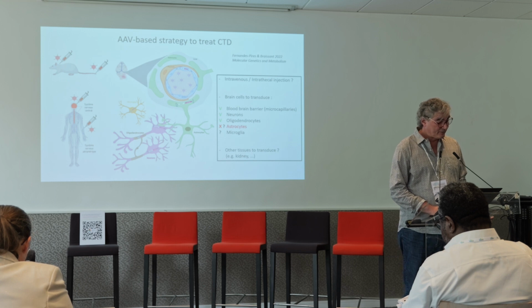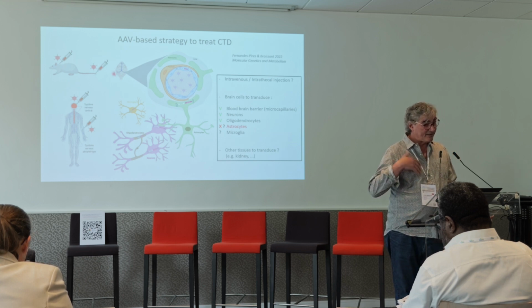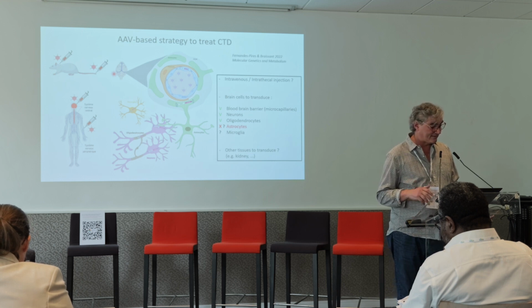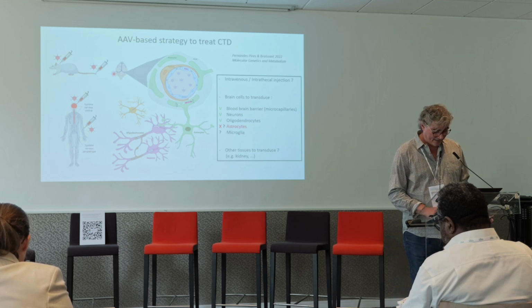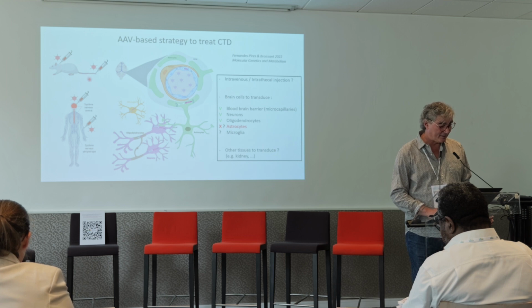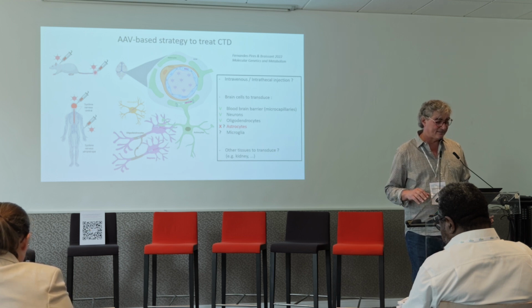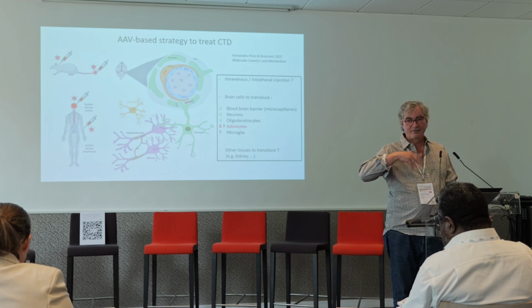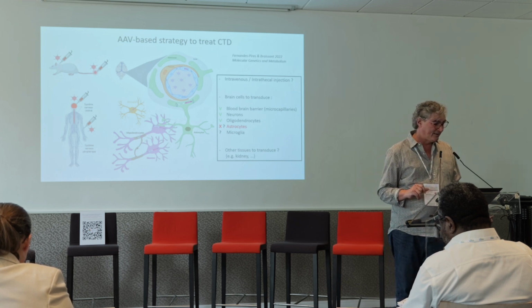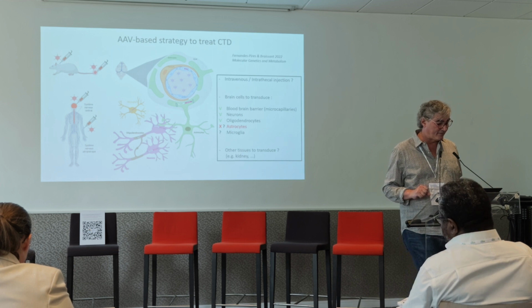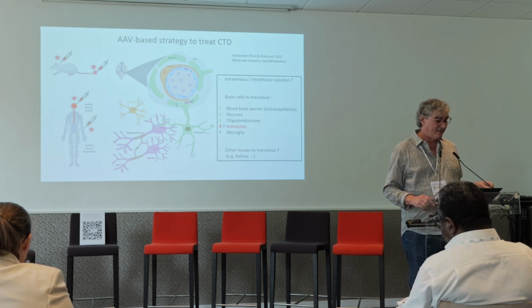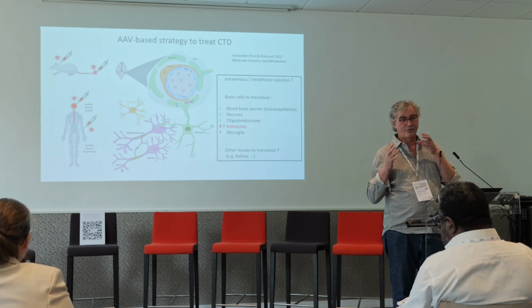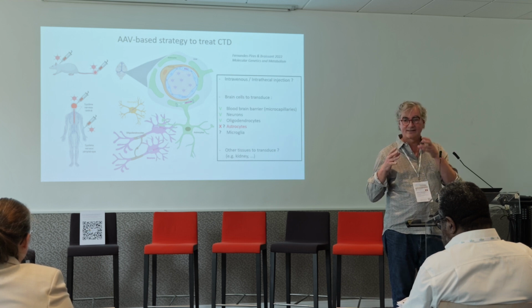And also we have to ask how to inject this virus, this vector. You can inject in the blood, and in these conditions, to reach the brain, you may have a dilution of your vector in the remainder of the body before it reaches the brain, and your virus has to be able to cross the blood-brain barrier.